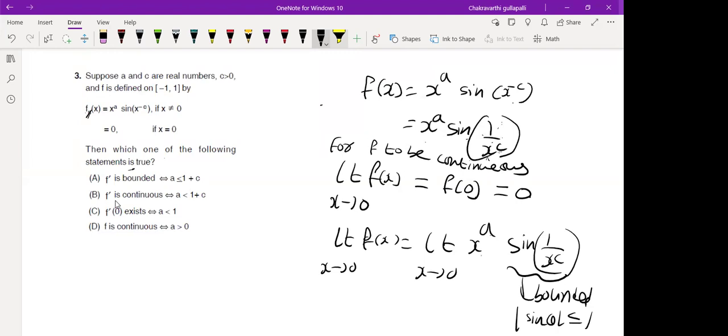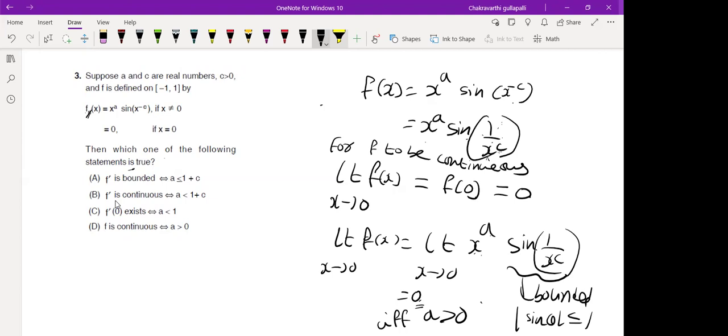This will be 0 if and only if A is positive. If A is negative, it will become 1 by x square, it will become infinity. Yesterday we have seen this limit exists. If one of them has limit 0 and the other is bounded, then only the limit is 0, provided A is positive. Therefore, f is continuous.